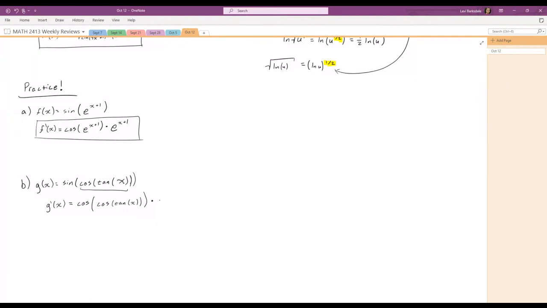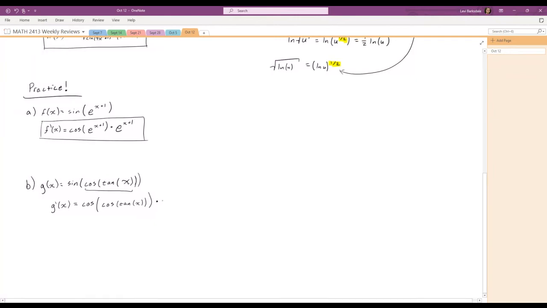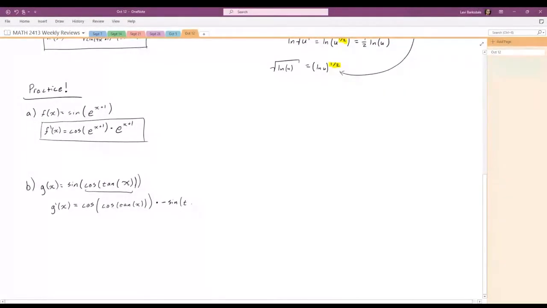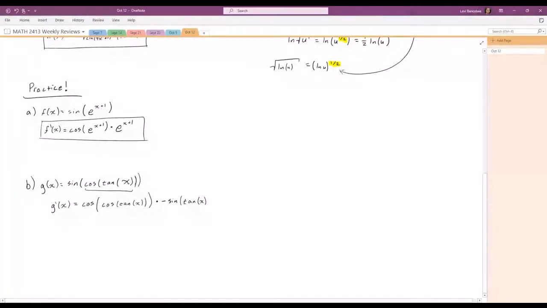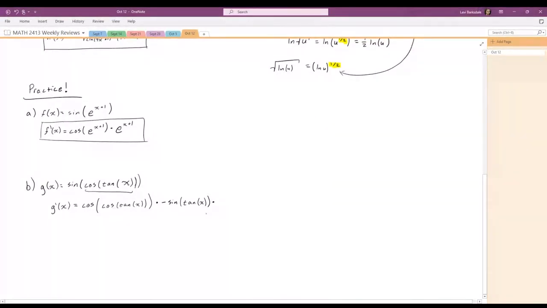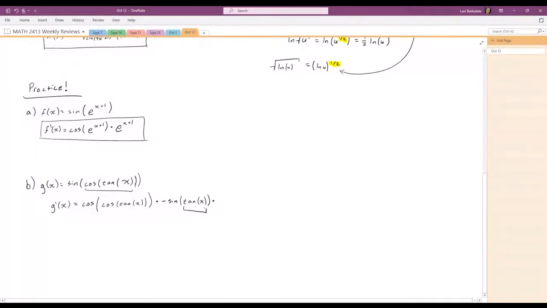In this case, because we're only looking at cosine of tangent, the outermost part would be cosine. Derivative of cosine is negative sine. Leave the inside alone. Then we again multiply by the derivative of our inside function. Our inside function is tangent. Derivative of tangent is secant squared.